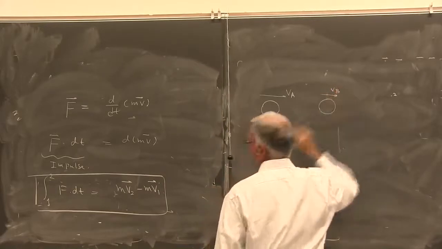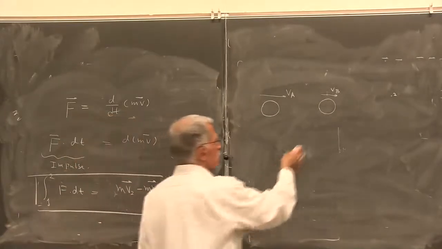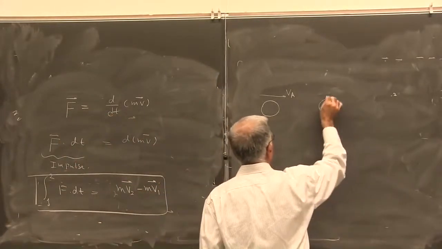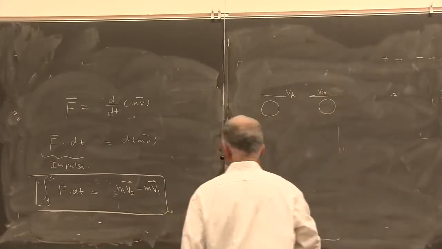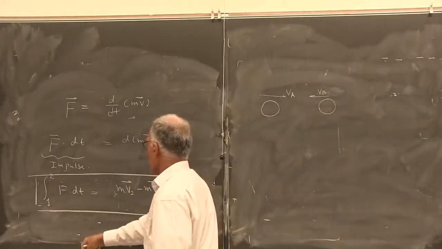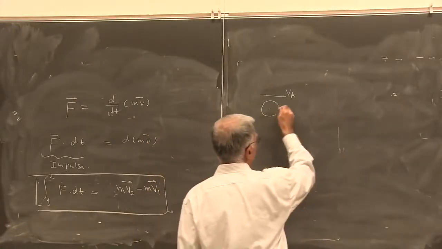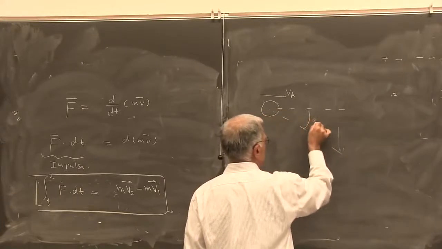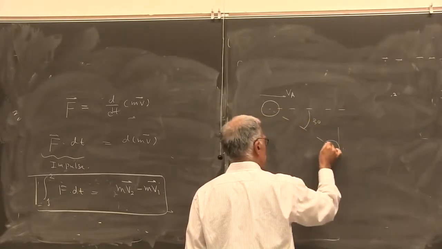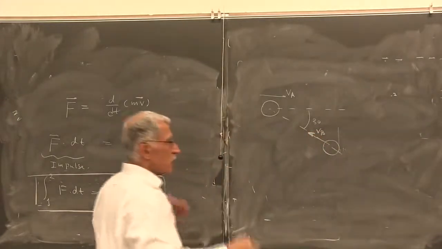Maybe vb is smaller than va, or maybe it's coming in the opposite direction, or maybe at some angle. Let's make it more interesting. This is going in the x direction, and another particle is coming at a 30-degree angle in this direction with velocity vb. And they collide.